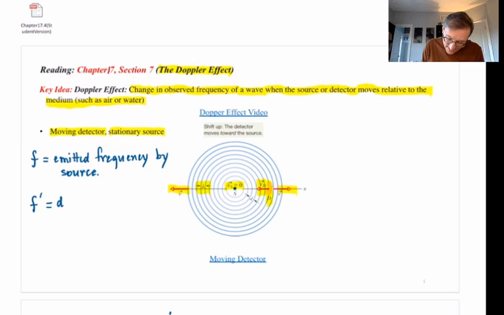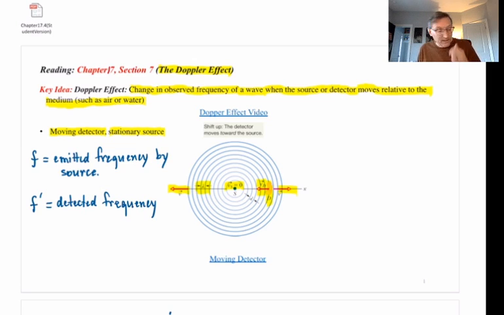So I'll just call that the detected frequency. That's the frequency of sound that ear will hear. My question is, how is F prime related to F? How is the frequency that the detector measures, how does that compare to the frequency emitted by the source?